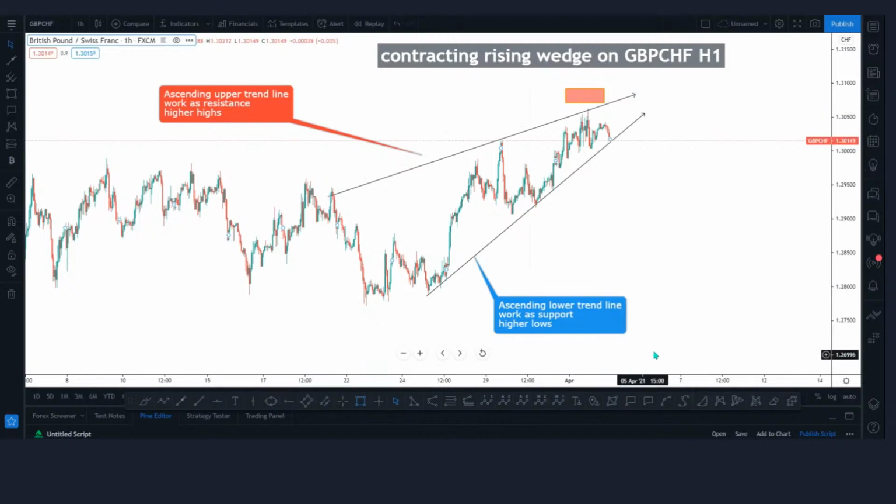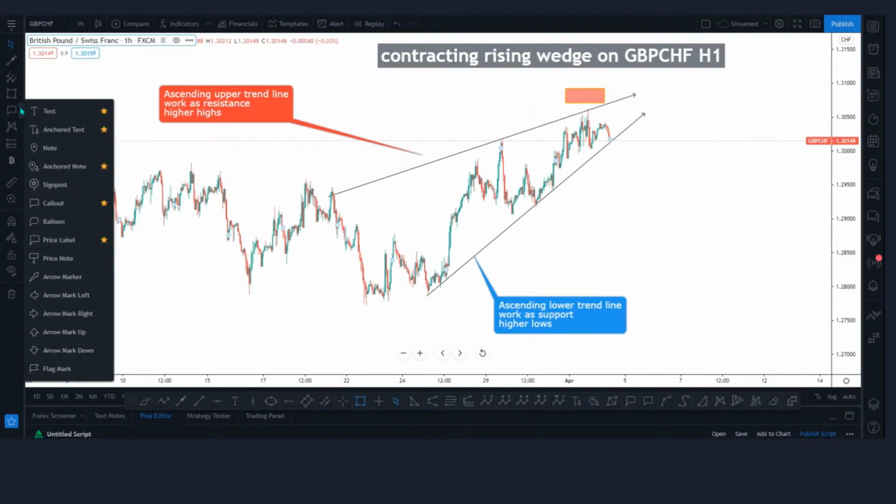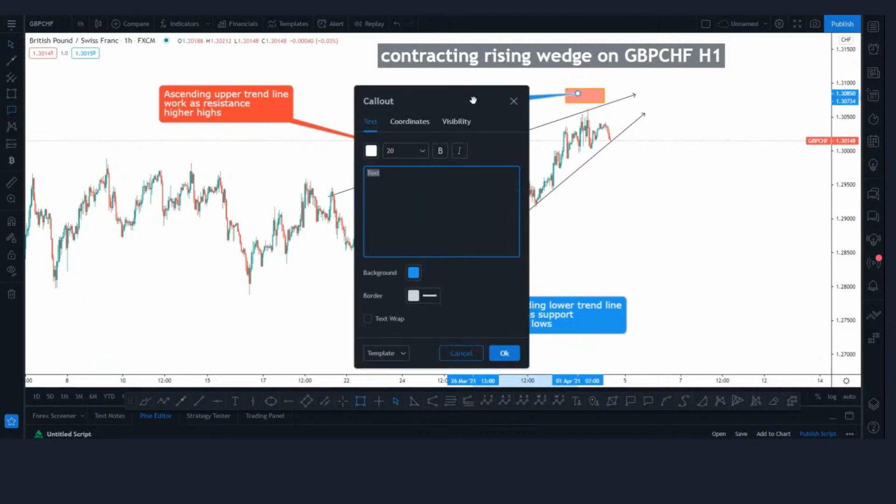Okay, guys, I hope this is clear. So the stop loss must be outside of the pattern.